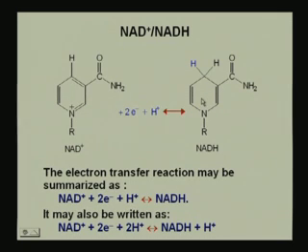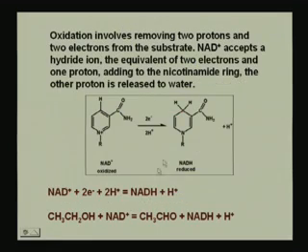But when we have a redox reaction, a dehydrogenase or an oxidase, you will require NAD plus and NADH, and depending on the enzyme, you will either use this or FMN and FAD. This is one example where we have ethyl alcohol going to acetaldehyde, where we are looking at NAD plus going to NADH plus H plus.